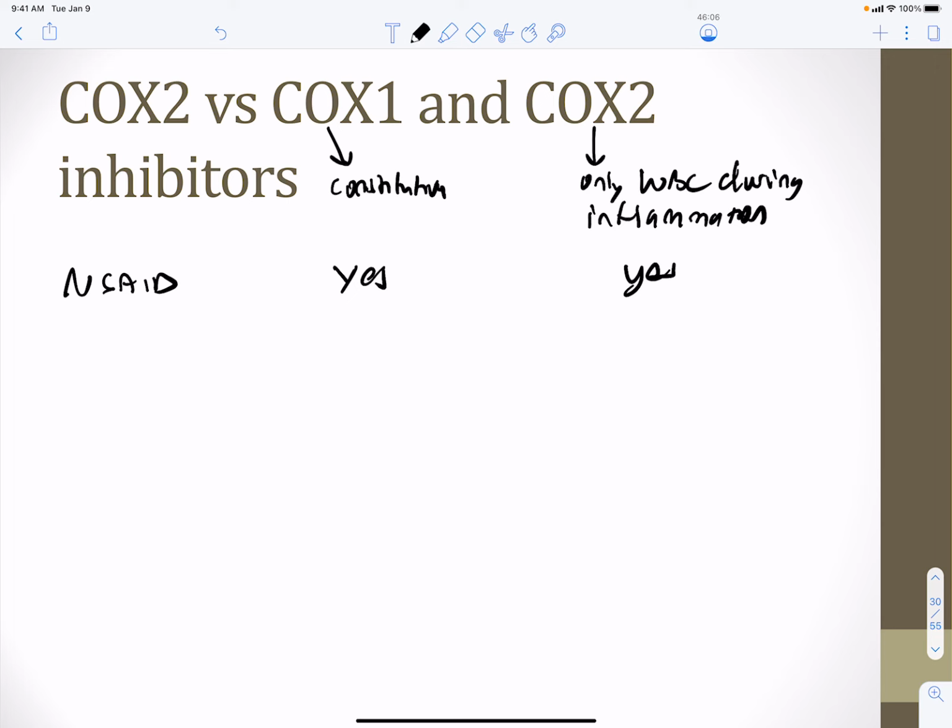You have drugs that target cyclooxygenase 2, and these are going to be like Celebrex, Vioxx, and those are going to not be specific for your cyclooxygenase 1.